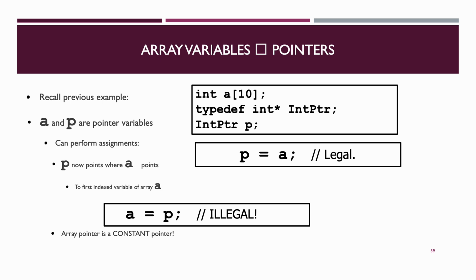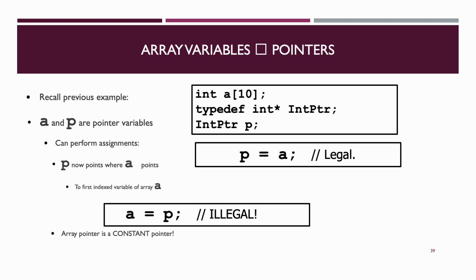So now we'll see what is the relationship between array variables and pointer variables. We'll see more examples here in detail. So a and p are pointer variables in this example.